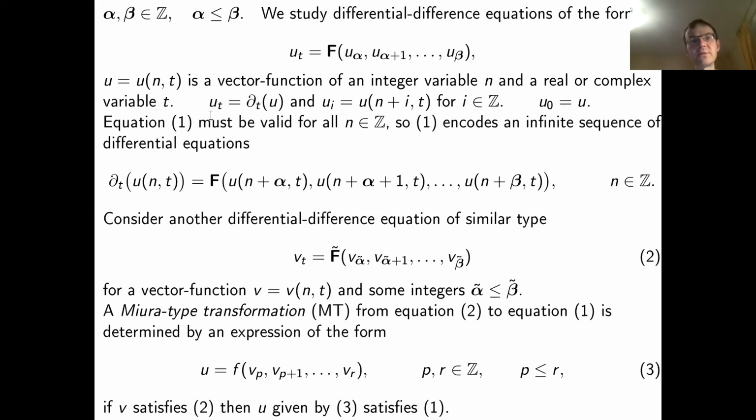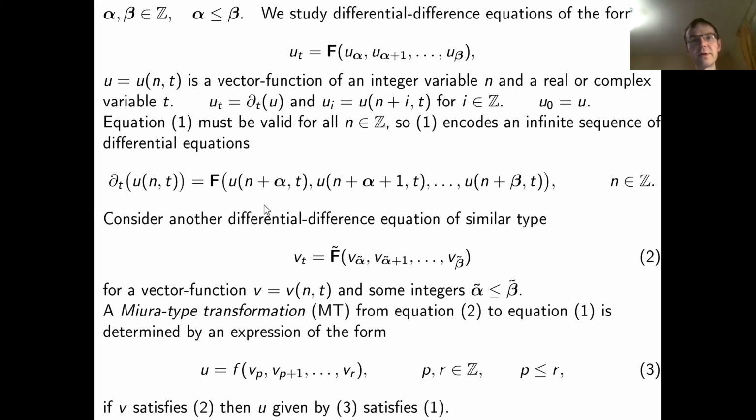The notation is as follows: u_t is the derivative of u with respect to t. u_i is this thing, so we switch n by n plus i. And then this equation actually encodes an infinite collection of ordinary differential equations of this form. So n is an arbitrary integer.